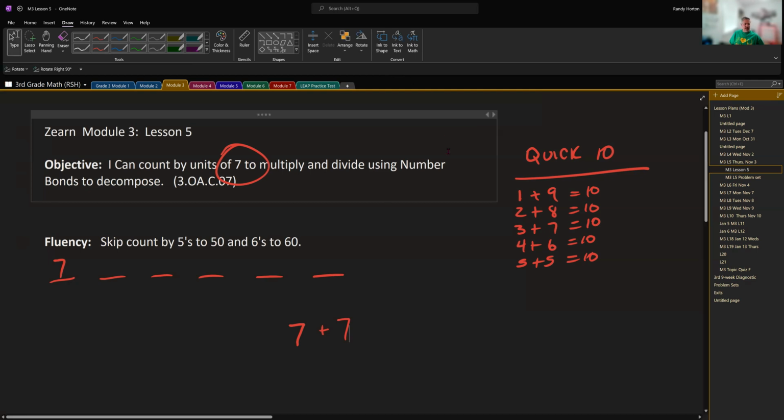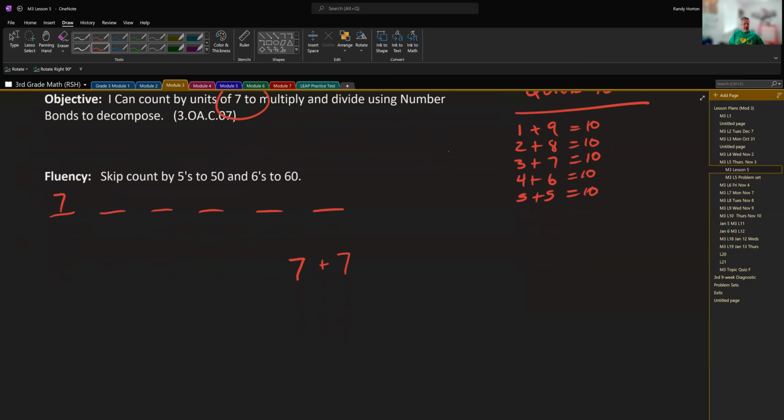Well, the quick 10 strategy and using number bonds lets me break the second 7 down into 2 parts. Number bonds, for those that are not familiar with them: I'm going to have a whole number of 7.